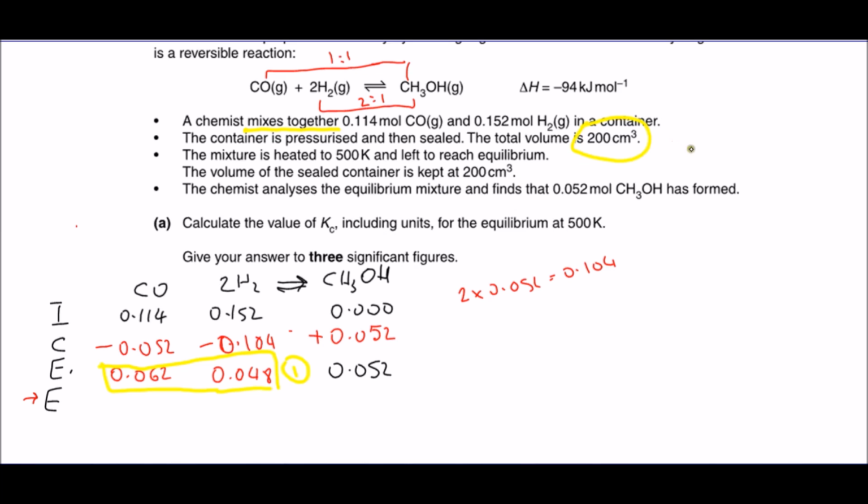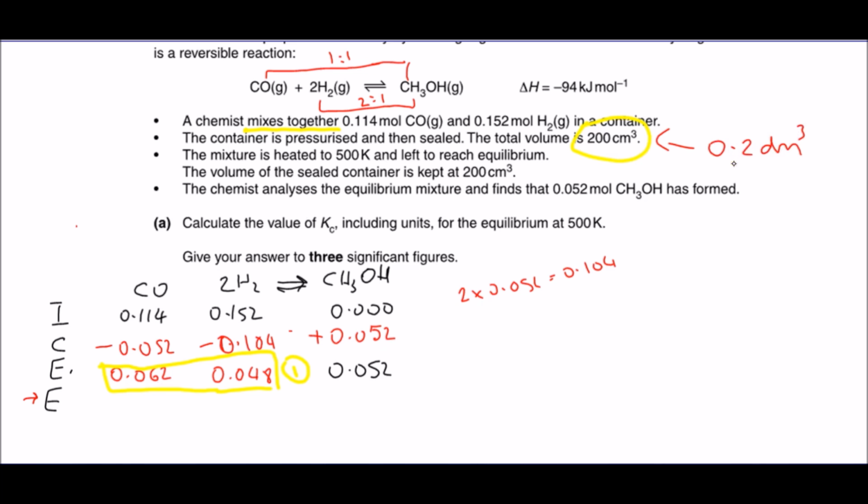And that's why this volume is important, because concentrations are in moles per decimeter cubed. So if the volume, think back to the examples that we've done in class, if the volume was 2 decimeters cubed, then on this row we'd be dividing everything by 2. However, in this example the total volume is 200 centimeters cubed, or 0.2 decimeters cubed.